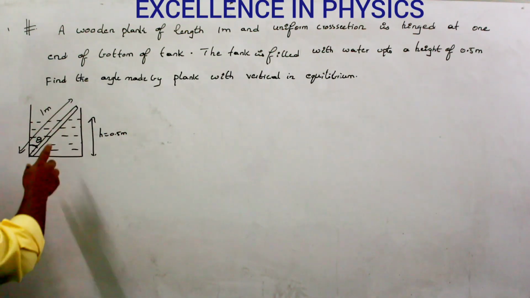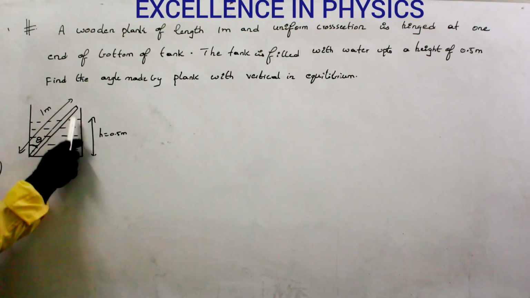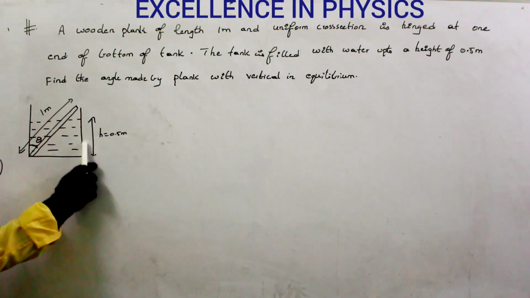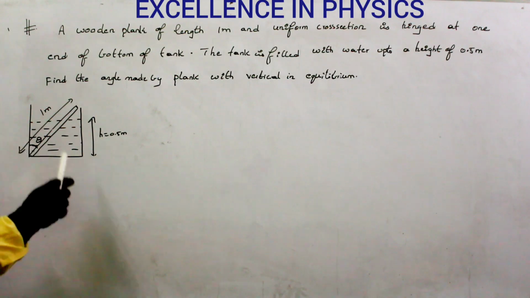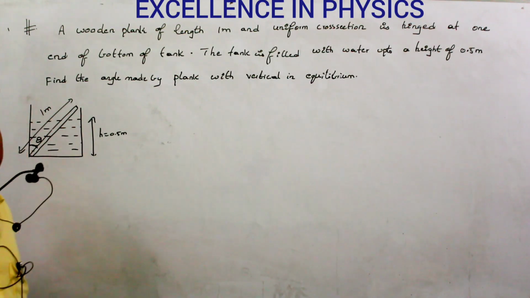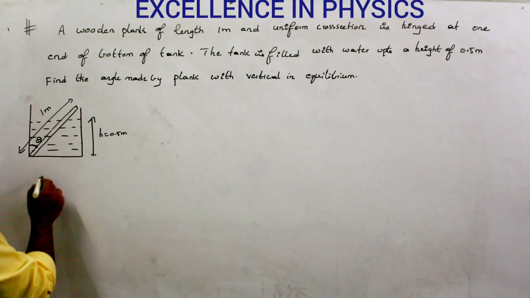So here this rod is actually in equilibrium in this water. Water is filled at a height of 0.5 meter. And this angle theta which this rod is making with respect to the vertical, that we are supposed to find out. So the question is, what is meant by equilibrium?